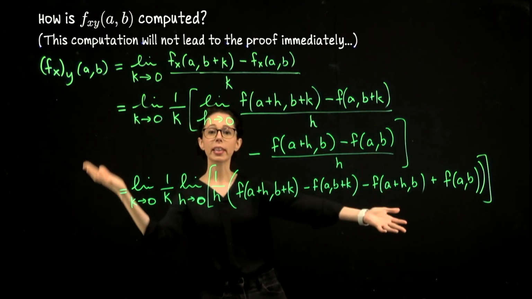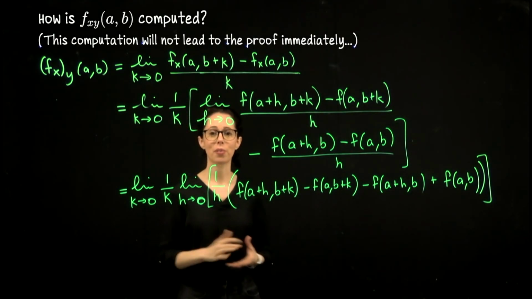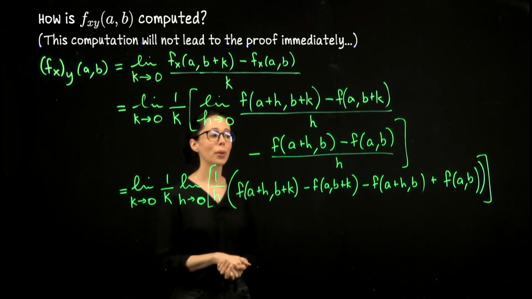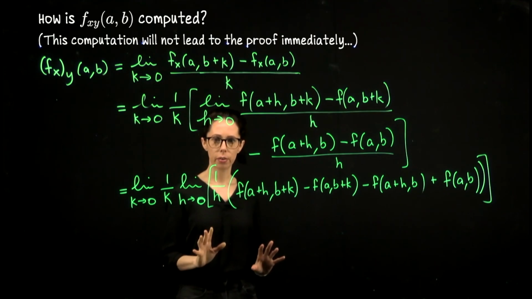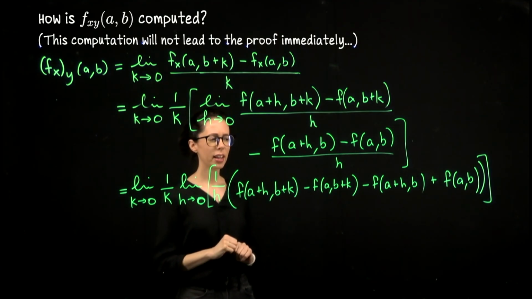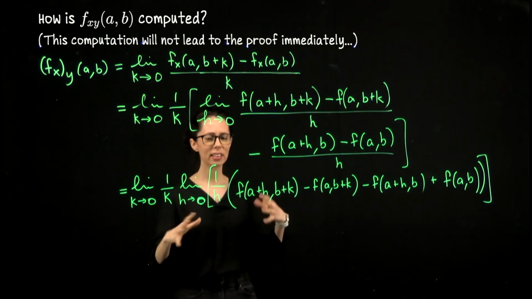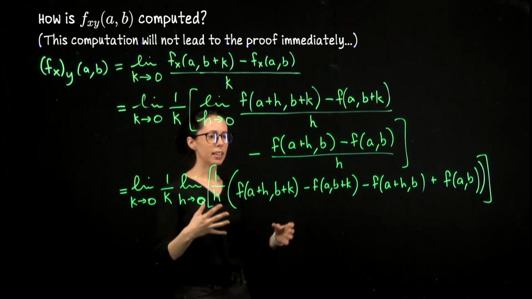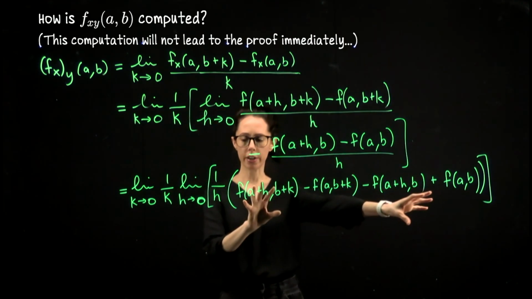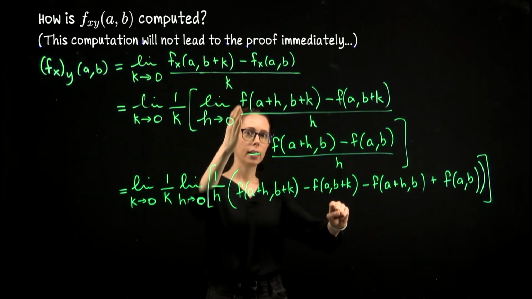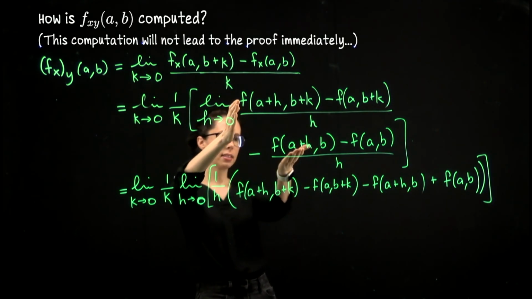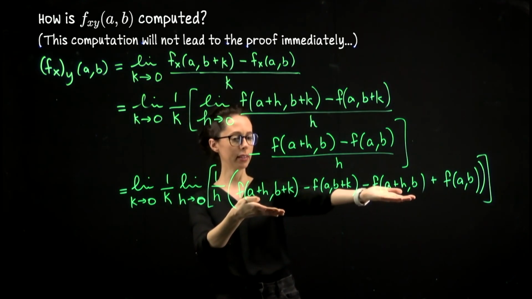This limit exists. Everything here exists because we know that all the second partial derivatives of f exist and are continuous. Here's where I would stop this computation, though, and get a little bit concerned. This is what I see on the internet: sometimes people rearrange terms and say, okay, bring the k in. So we could do this one minus this one, pair these up.